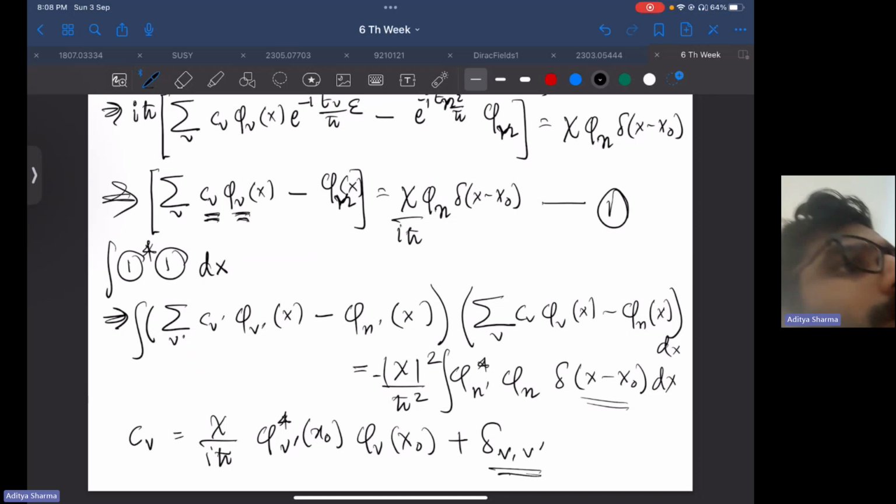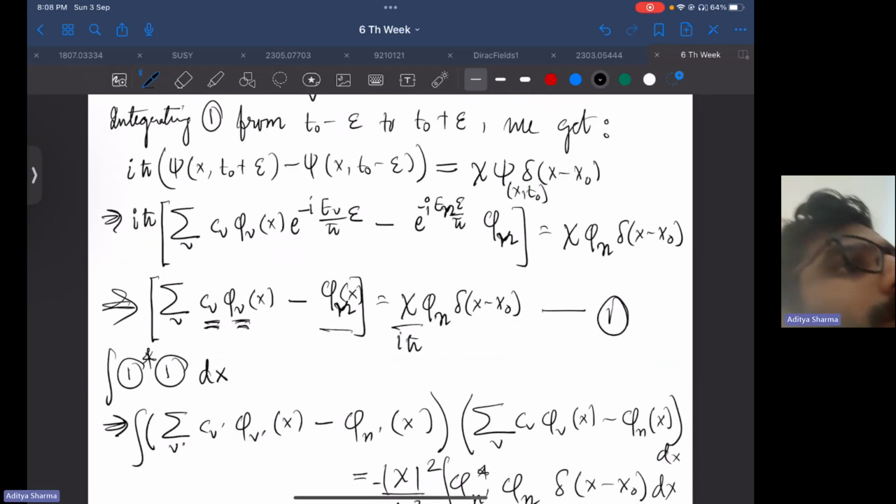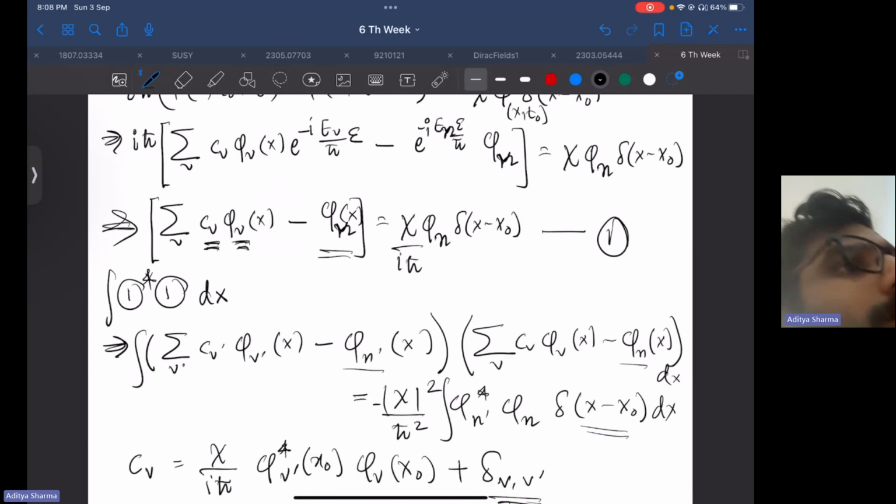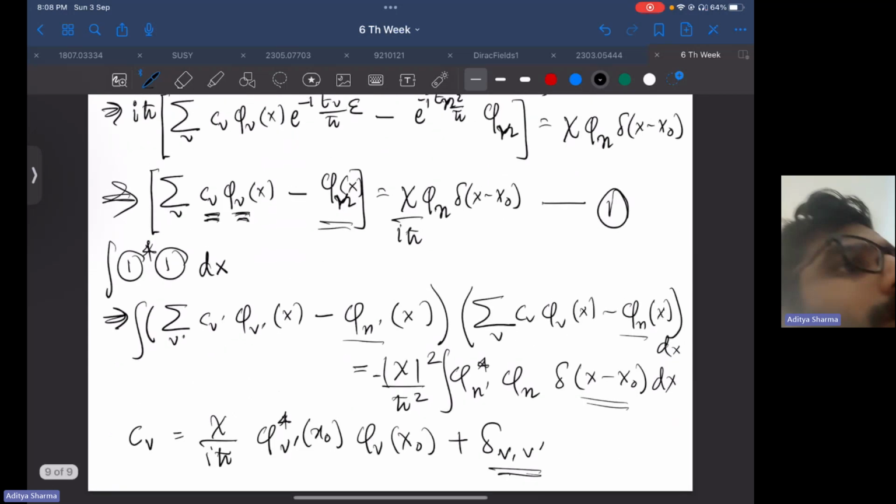This term comes from this part, that is this and this multiplied, so n and n prime will be written there. The other cross terms just cancel.